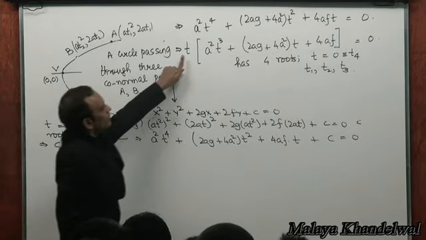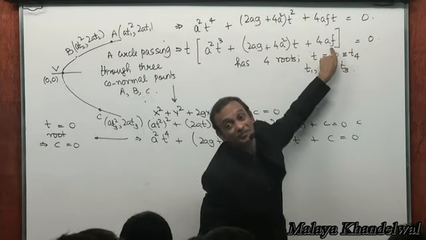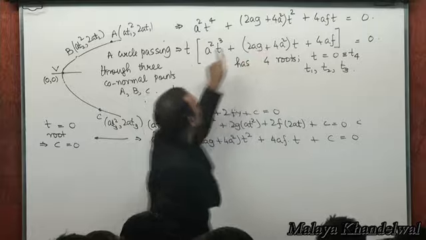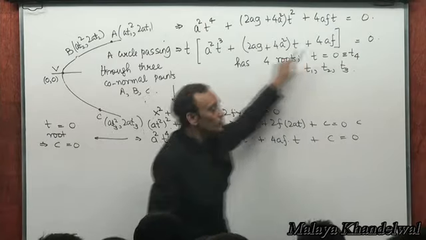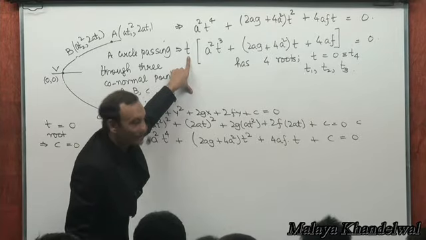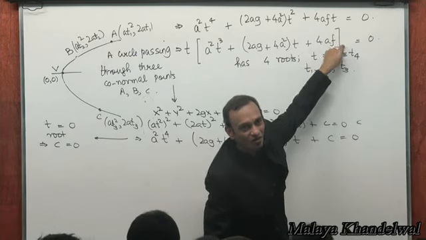Now, this gives me t equal to 0. Therefore, this equal to 0 must give me t1, t2, t3. Yes or no? See, this product is 0. That means either this is 0 or this is 0. This gives me t4. Therefore, this must give me t1, t2, t3. Right?